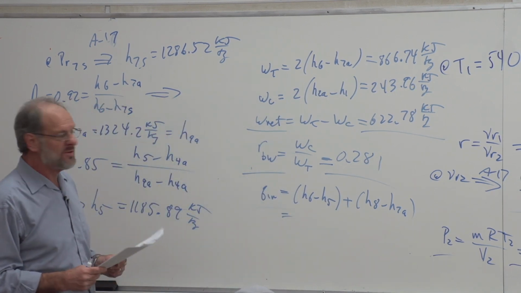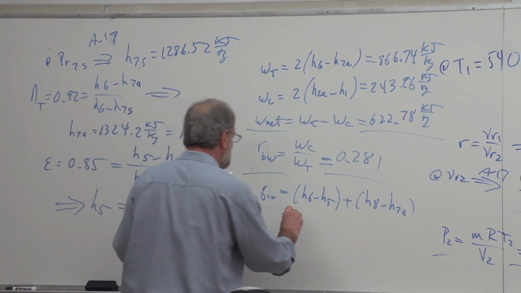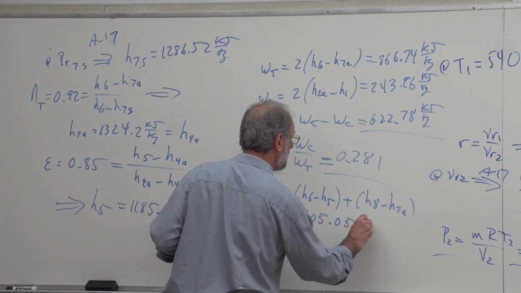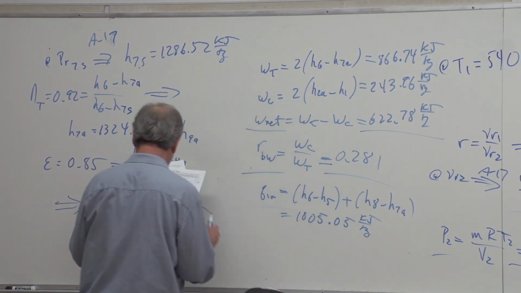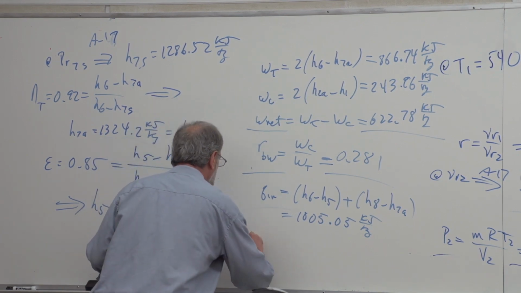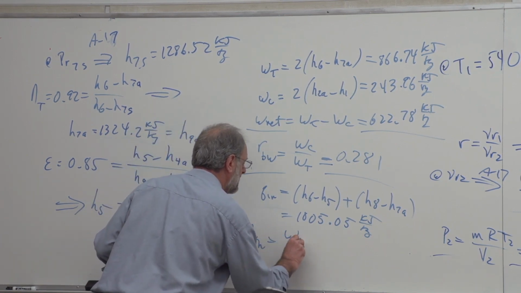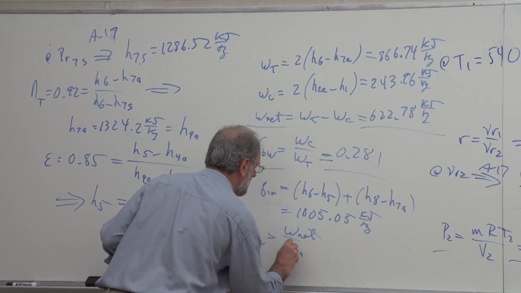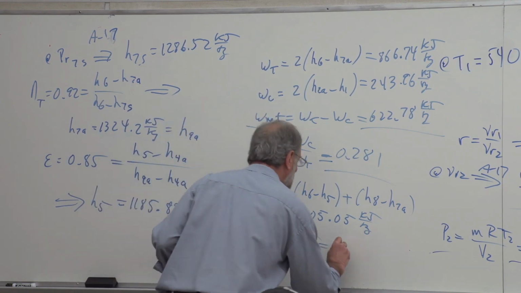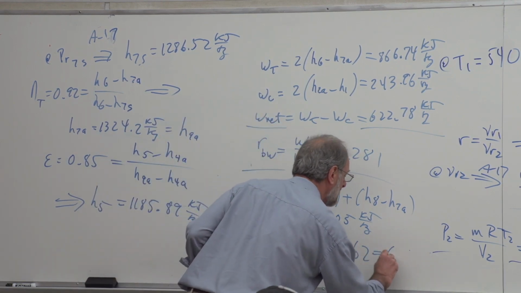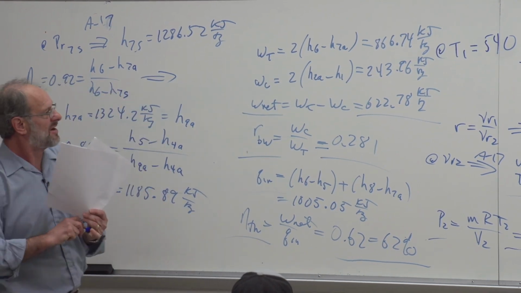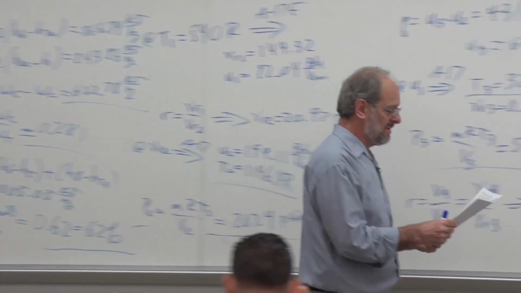Okay, so just make sure you include all these different terms, and we end up with 1005.05 kilojoules per kilogram. So there's our heat input. And then last but not least, the net work over the heat input can be found. That's our thermal efficiency. We get 0.62, or just 62%. And there you have the second problem.